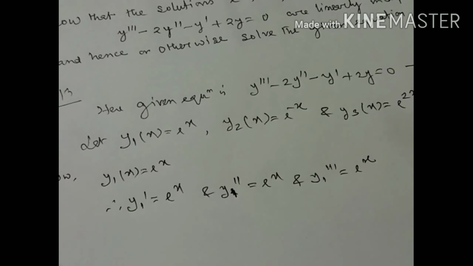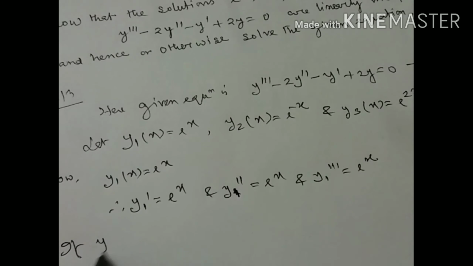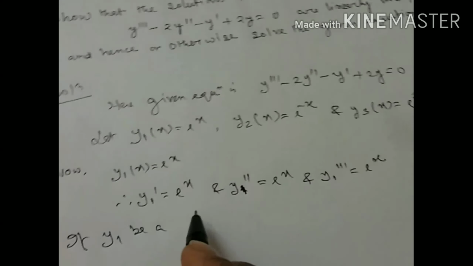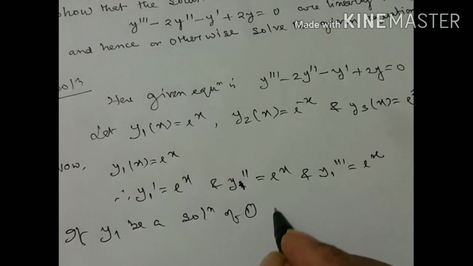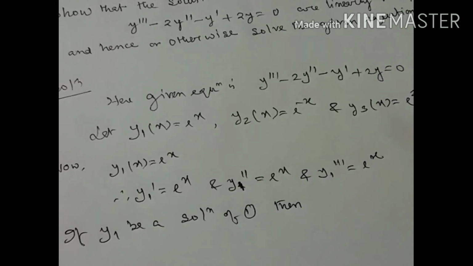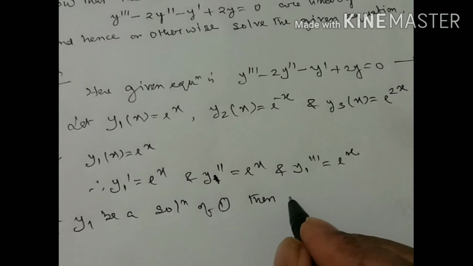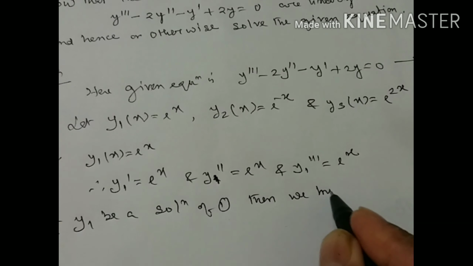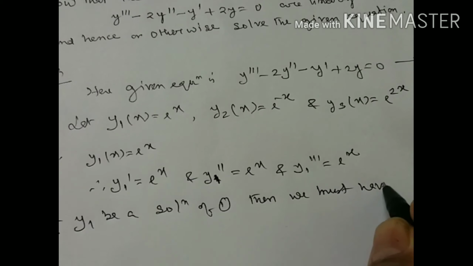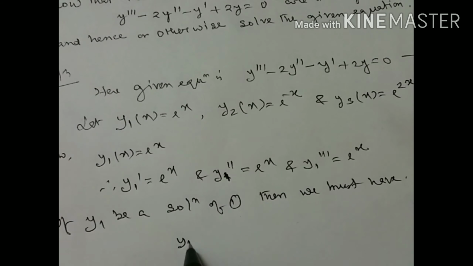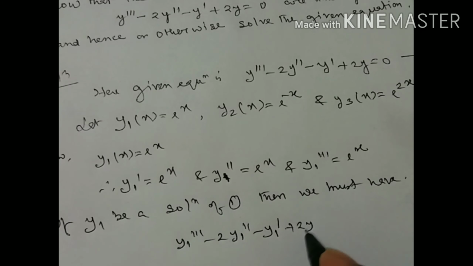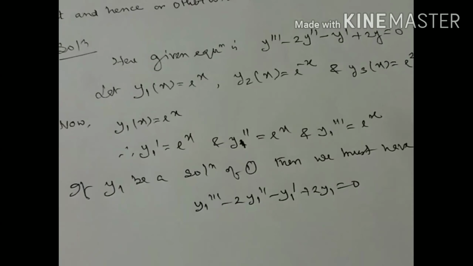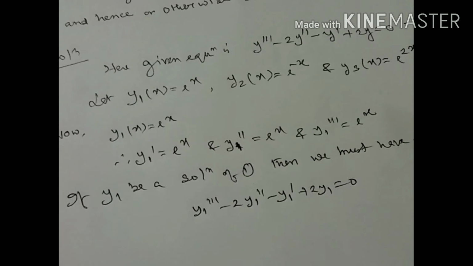If y1 is a solution of equation 1, then y1 must satisfy equation 1, that is, we must have y1 triple dash minus 2 y1 double dash minus y1 dash plus 2 y1 equal to 0. Now we have to see whether it satisfies or not.